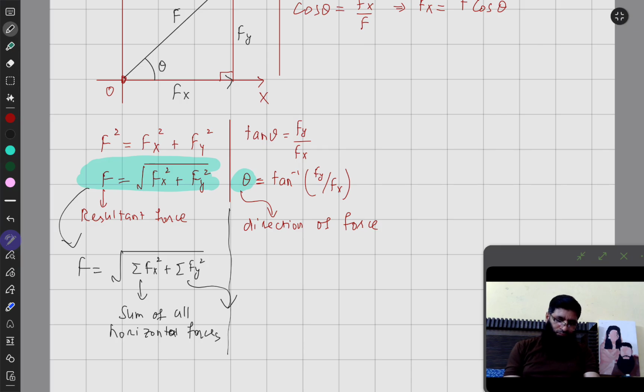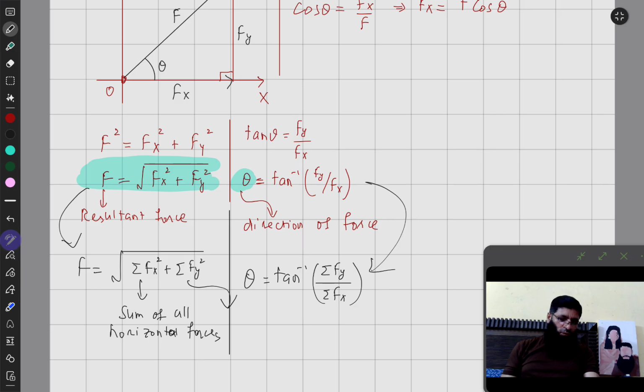You can also have the expression for the direction of the resultant force, that will become tan inverse of summation Fy divided by summation Fx.